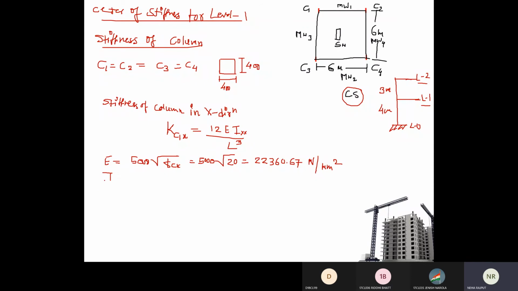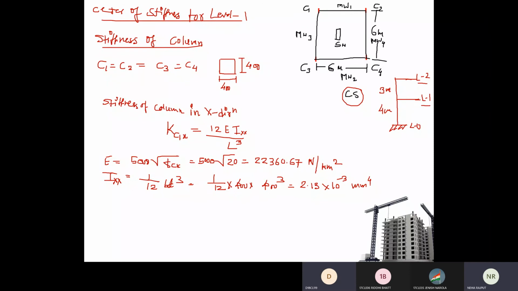Right, now coming to Ixx. Now Ixx is 1 by 12 b d cube. So 1 by 12 into 400 into 400 cube. That is 2.13 into 10 raised to minus 3 meter raised to 4.